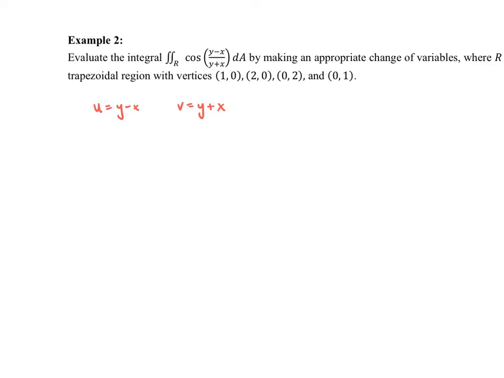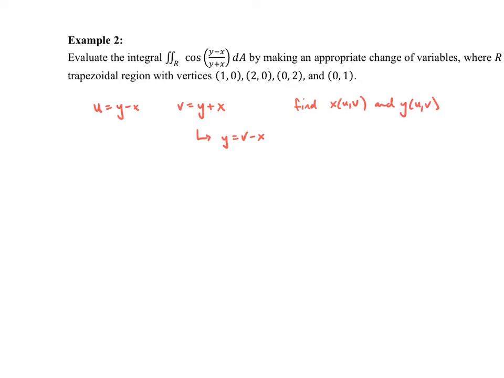Now our goal is to find an equation x of u, v and an equation y of u, v. So we need to rearrange this and get x equals u's and v's and y equals u's and v's. Right now, it's not written that way. So let's start by taking this one and solving for y, which gives us v minus x.